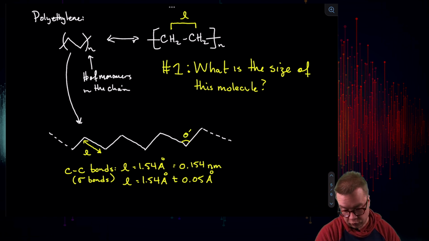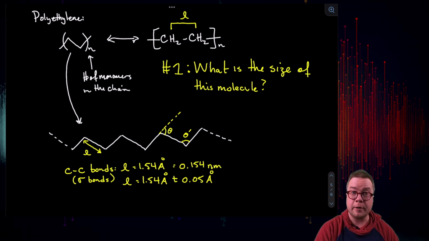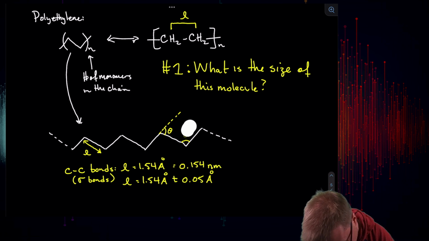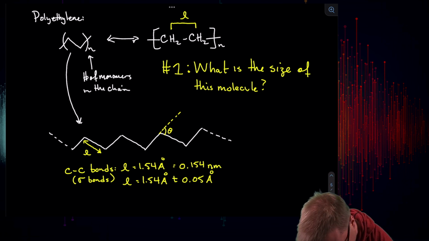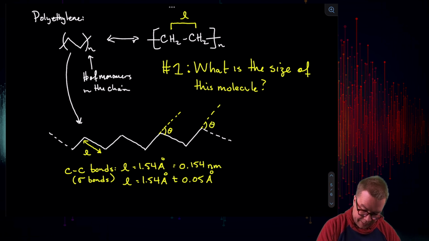Or equivalently, we could draw a different bond angle. And we could look at that one. And so that's actually what I want to use. So let's get rid of this theta prime. But you can see that all the bond angles are the same. That angle there is going to be the same as that angle there.